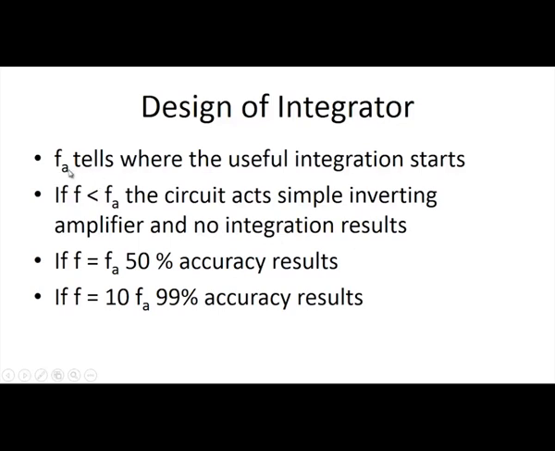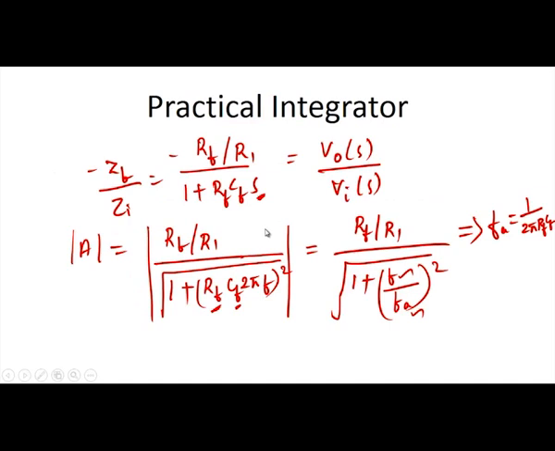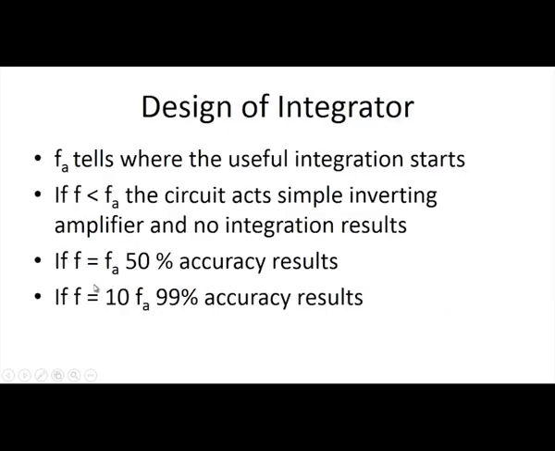First, you have to choose FA, and for that you have to assume the value of the capacitor as less than 1 microfarad. Once FA is chosen, RF can be calculated, and then the frequency of the input signal must be 10 times FA, so you will get 99% accuracy in the integration.